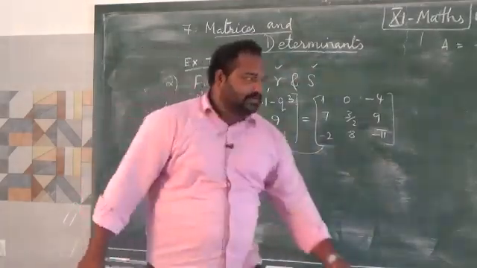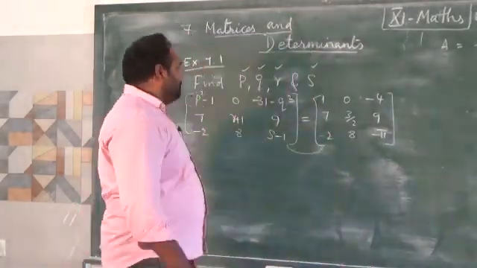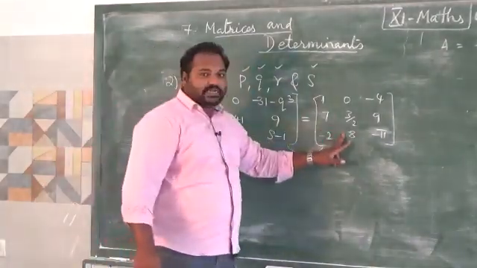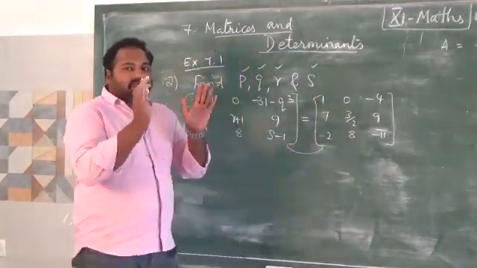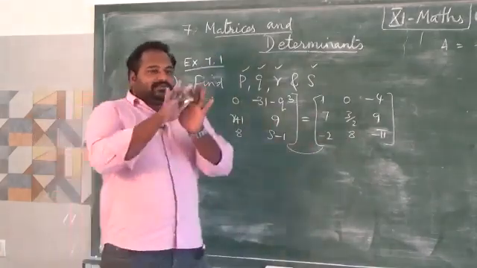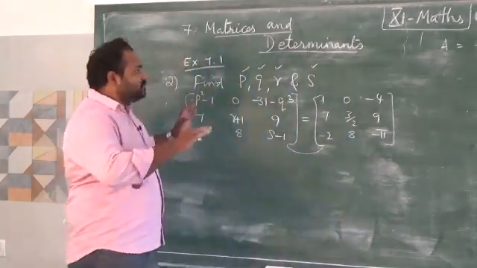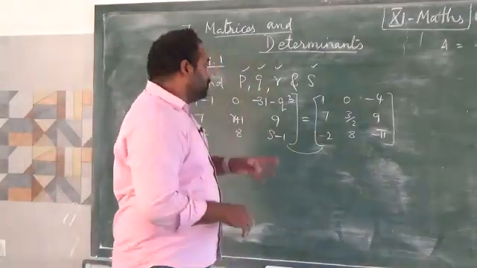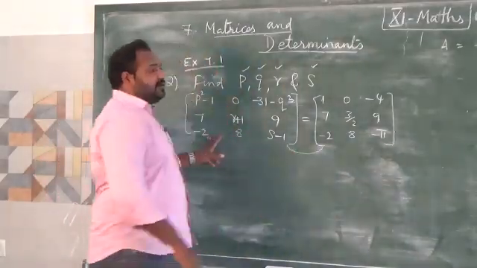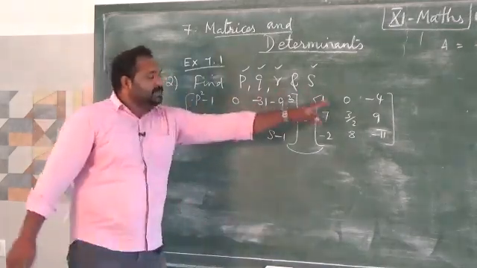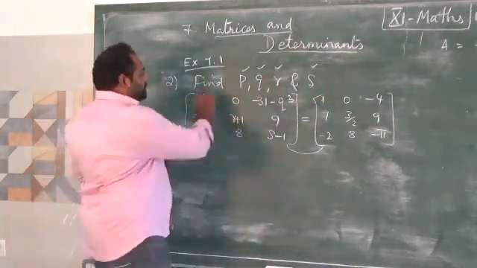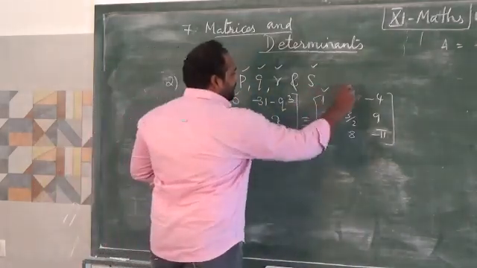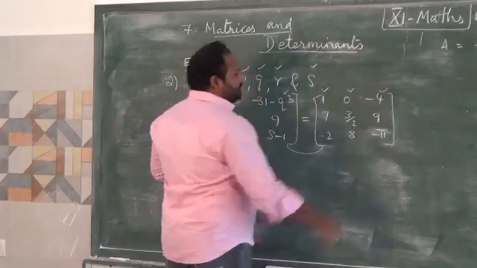So how can we find out, sir? Here, look at the given information. This is one 3 cross 3 matrix, another one is a 3 cross 3 matrix. They are saying that both are equal. If two matrices are equal, the corresponding values are equal. I mean, this value and this value are equal, this and this are equal, and so on.